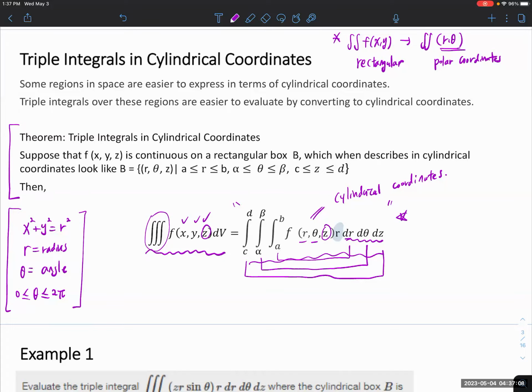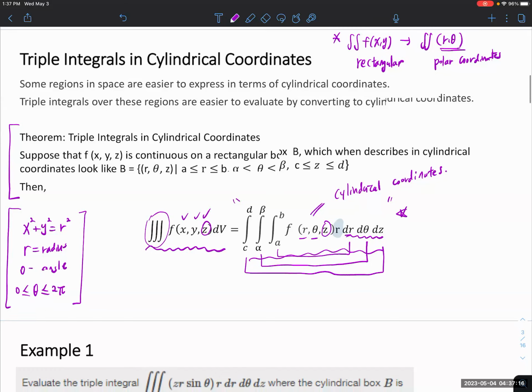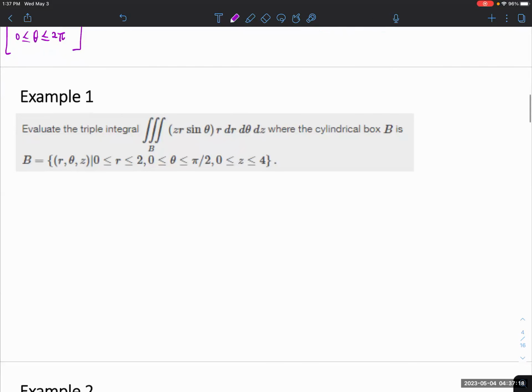So let's take a look at example one. We're going to literally practice how to convert from the rectangular to the cylindrical coordinate system. So here, as you see, they want you to take the triple integral, correct? So I have a triple integral. This time, it's already given in the cylindrical coordinate system because I don't see x, y, z rectangular coordinates, correct? So this is good.